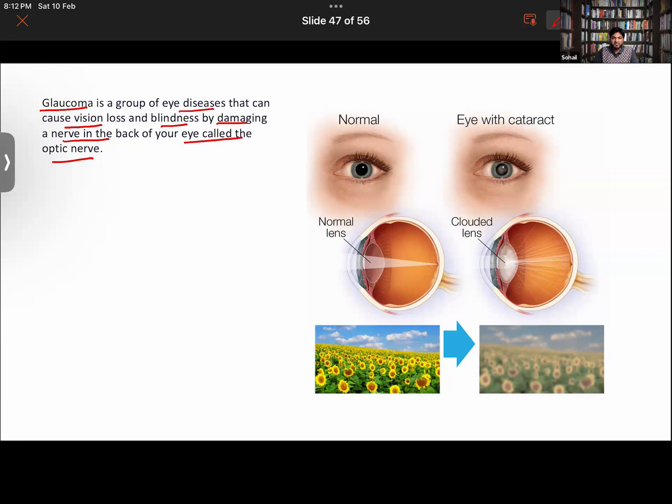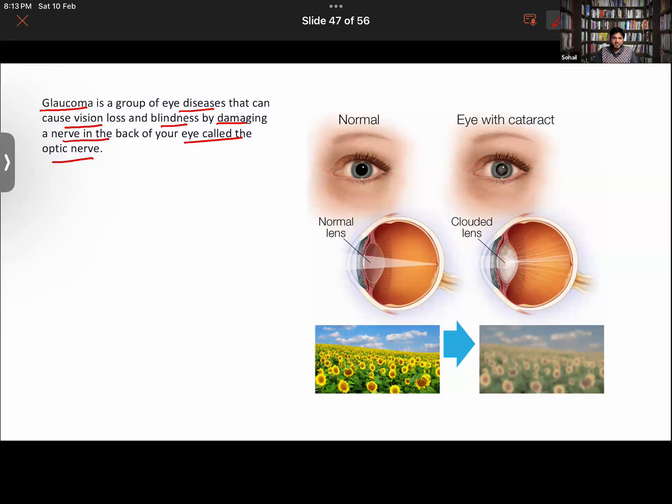Now just quickly tell me, which of the eye defects is also called short sightedness? Myopia. And long sightedness? Hypermetropia. Can you name one of the diseases which is usually seen to happen in the mid 40s, and it is also a natural eye problem in which the person is not able to focus on nearby objects?